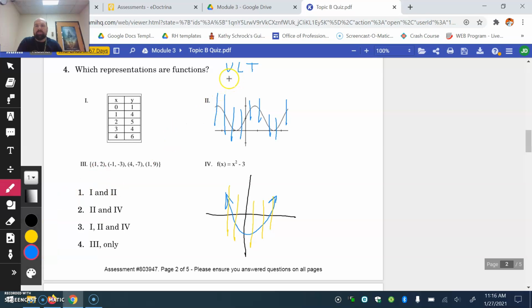The other is every input has exactly one output. So every in has one out. Basically, what that means is if the x value repeats, it is not a function. So that should help you with choice 1 or 3. By the way, these are Roman numerals if you didn't know.